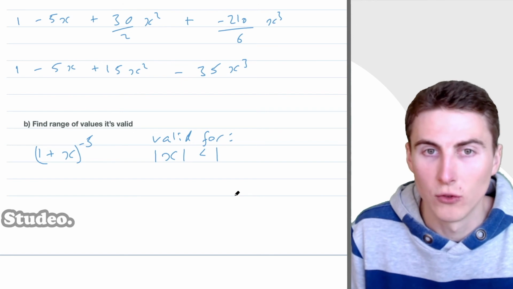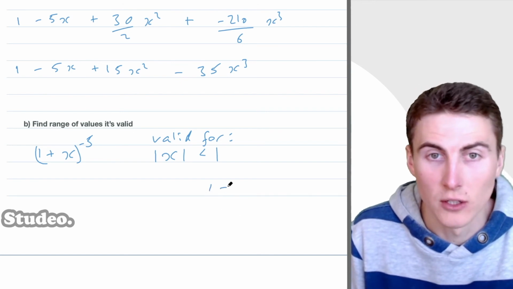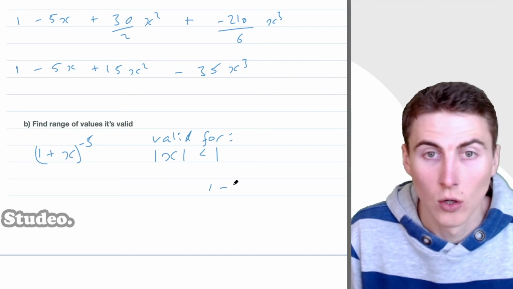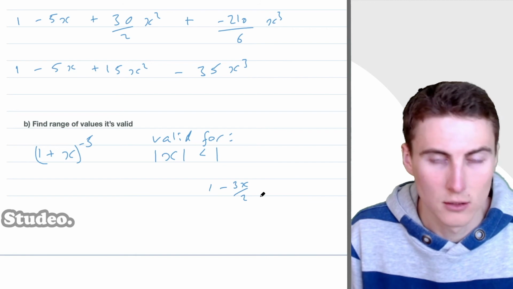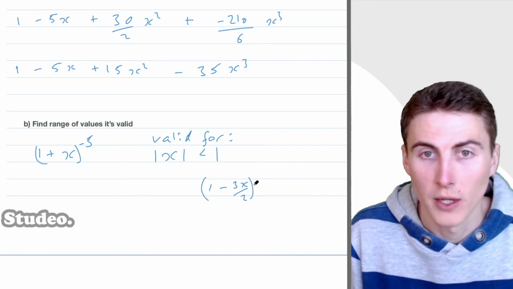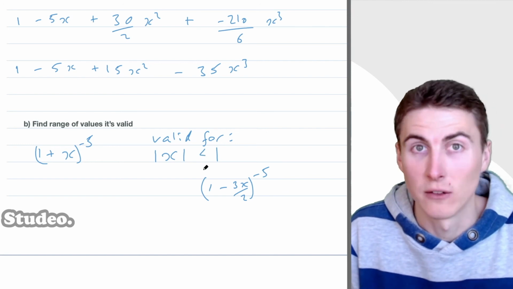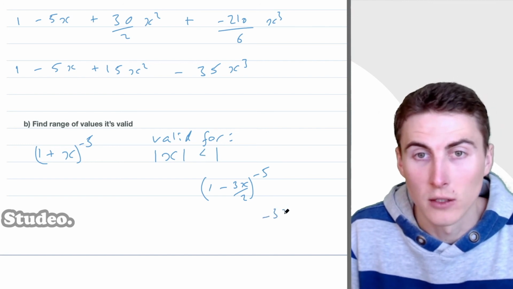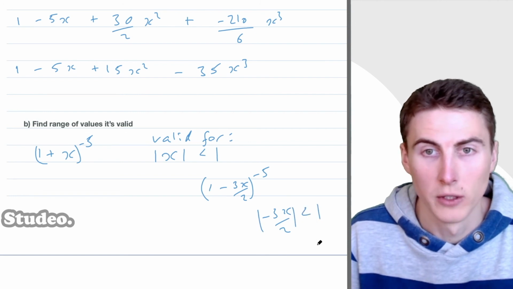Just to give you another example while we're here. If our expansion had been 1 minus 3x over 2, and this had all been to a power, then when we had to find out what it was valid for, we would have done the modulus of minus 3x over 2 is less than 1.